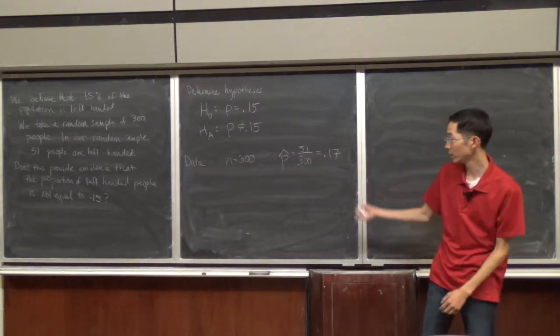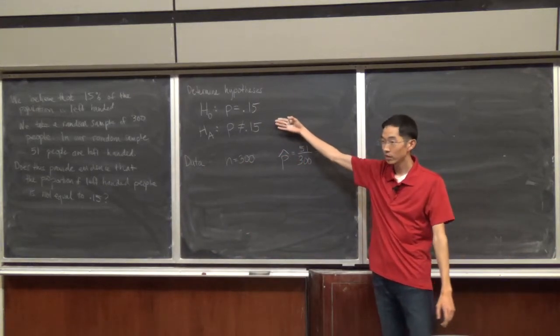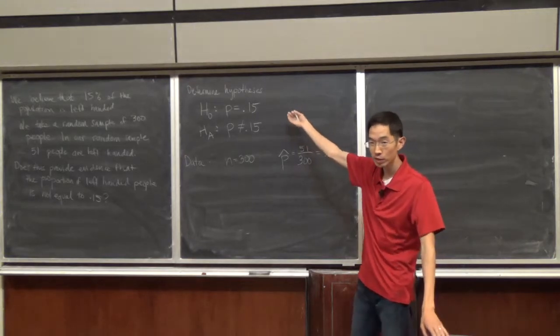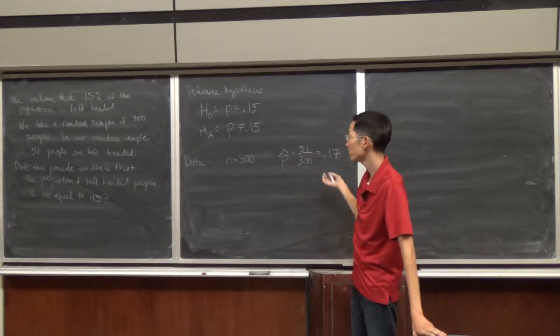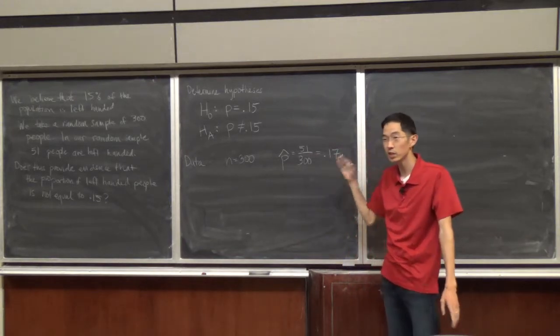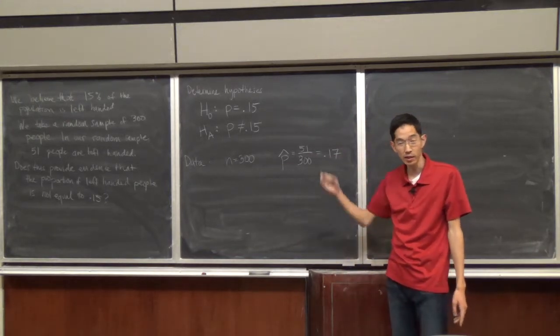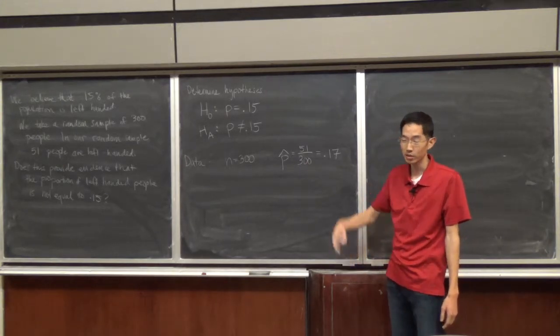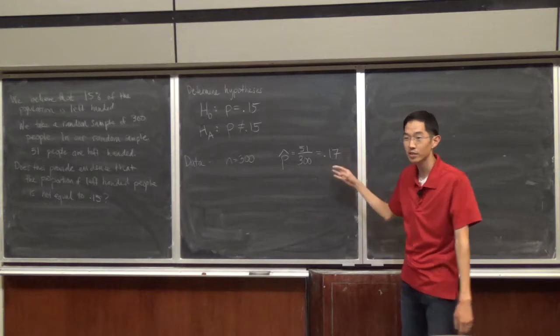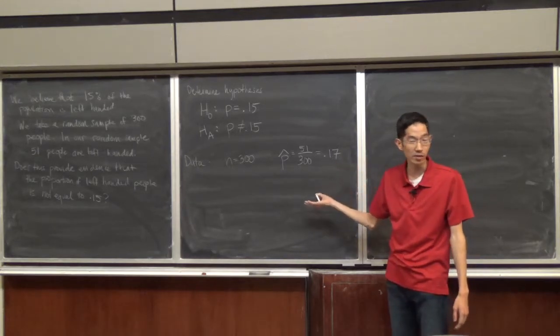So we're saying if the population is only 15% left-handed, what's the probability that I take 300 people and I end up getting a sample that's 17% left-handed? Is that likely to happen or unlikely to happen? Okay, you guys are saying likely, but let's do the math and figure out the answer here.